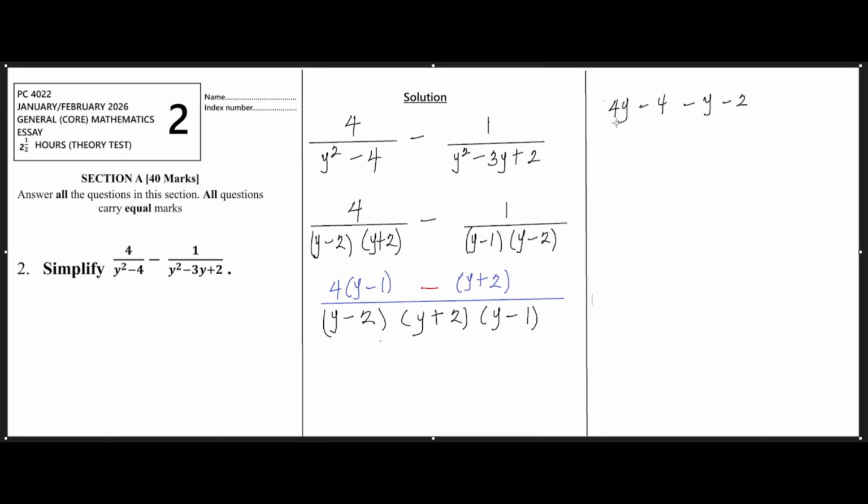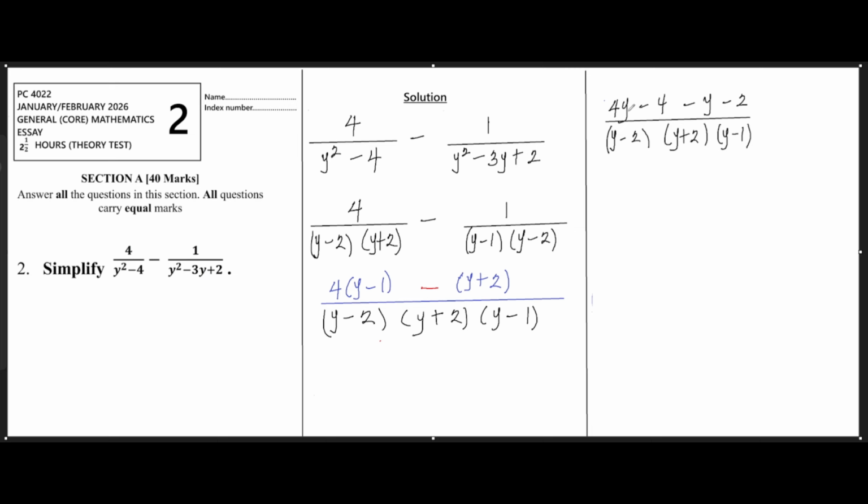So everything divided by the LCM. We know that the LCM is y minus 2 multiplying y plus 2 multiplying y minus 1.